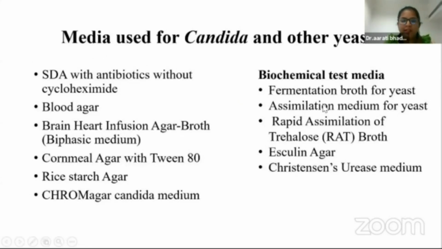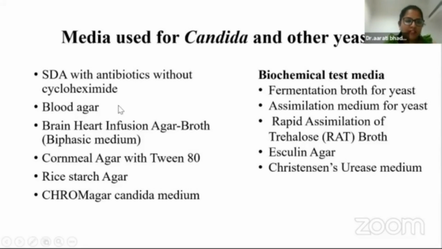Now I will be discussing the media particular to the fungus. Media used for isolation of Candida and other yeasts. For Candida we will use SDA with antibiotics without cycloheximide, because cycloheximide may inhibit growth of some Candida species.